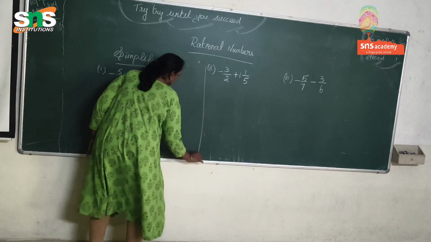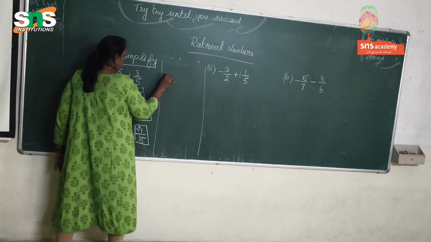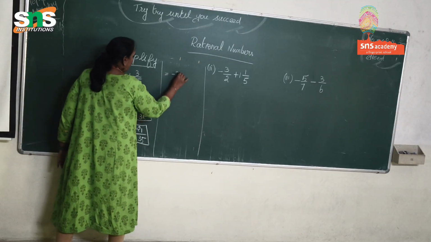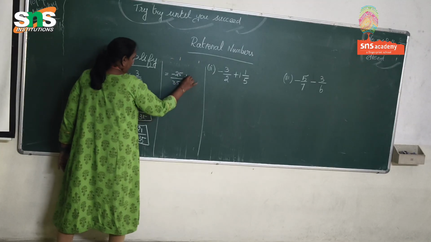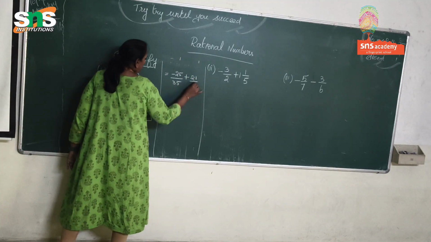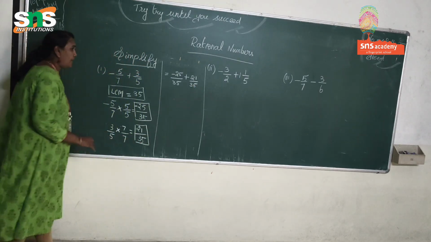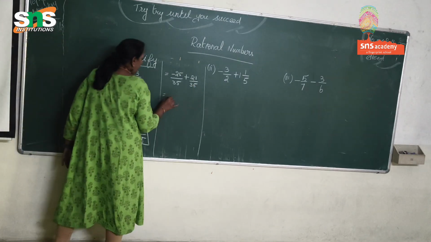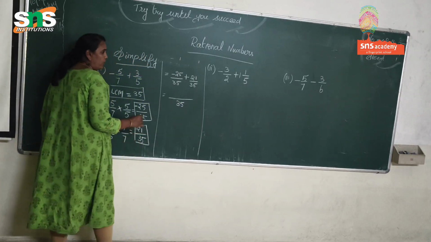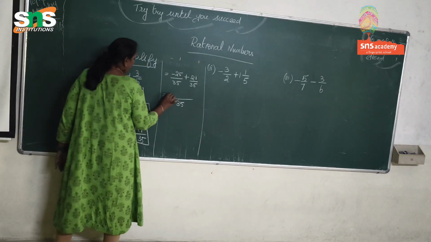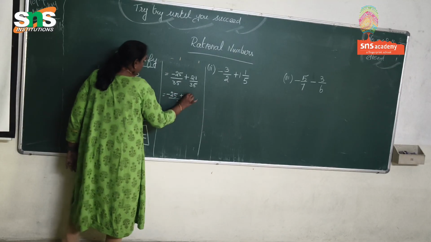Now we are going to proceed with the calculation. The first number is minus 25 by 35 and the second number is 21 by 35. When the denominators are the same, you can write it only once and observe the numerator alone. Numerator is minus 25 plus 21.